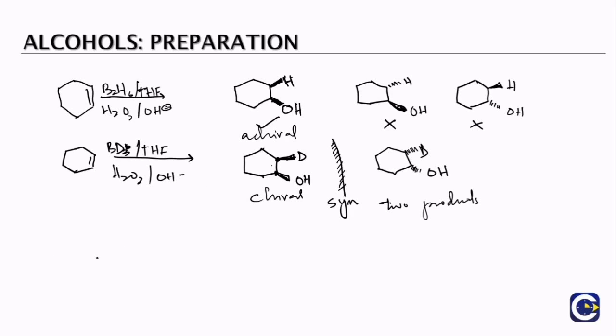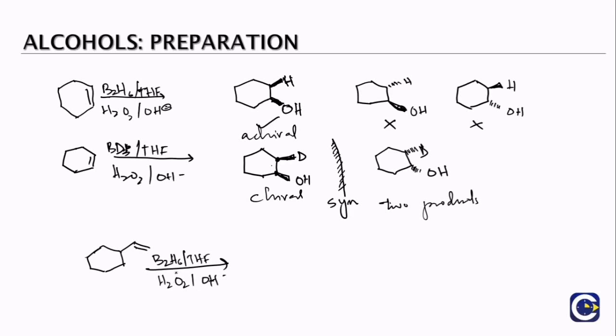Okay, let's take another example. Again, let's take a cyclic compound, and we have an external alkene attached to this carbon. Okay, this is an alkene. The double bond is outside the ring. So taking the reagents, again we'll take B2H6, same reagents, and in the oxidation step we'll be having H2O2 and OH negative.